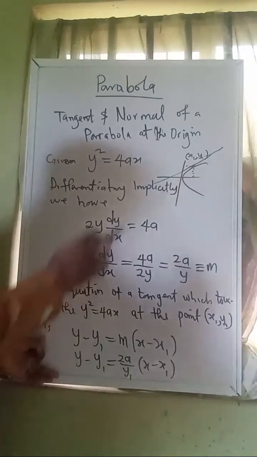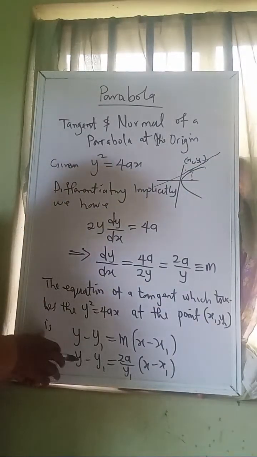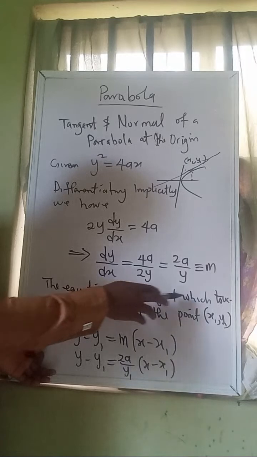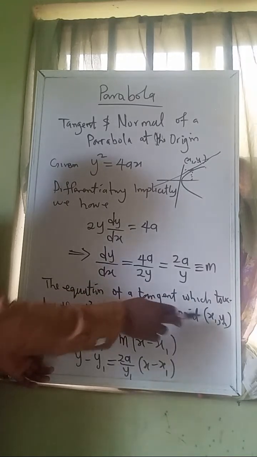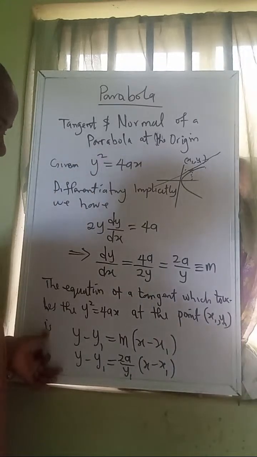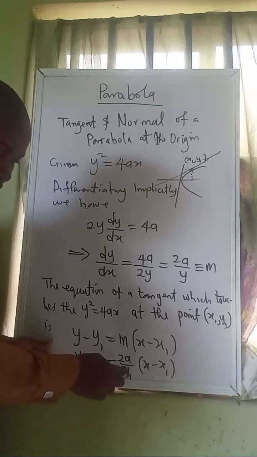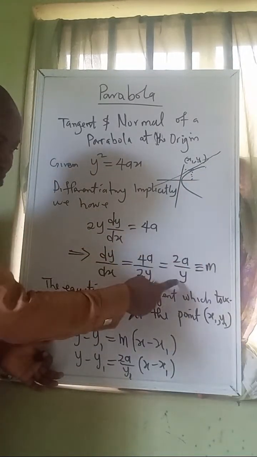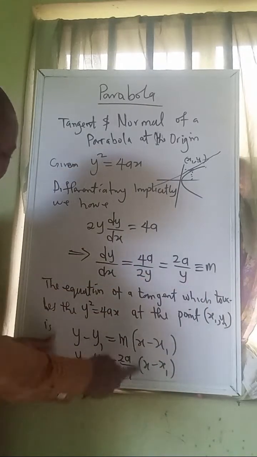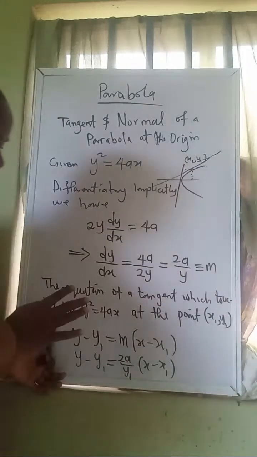So this equation is the equation of the tangent which touches the parabola of this form at the point x1, y1. With this point, y here is now known, because it is y1, so just replace the entire thing here by replacing this with y1. After that, I think we are okay with the equation of the tangent.